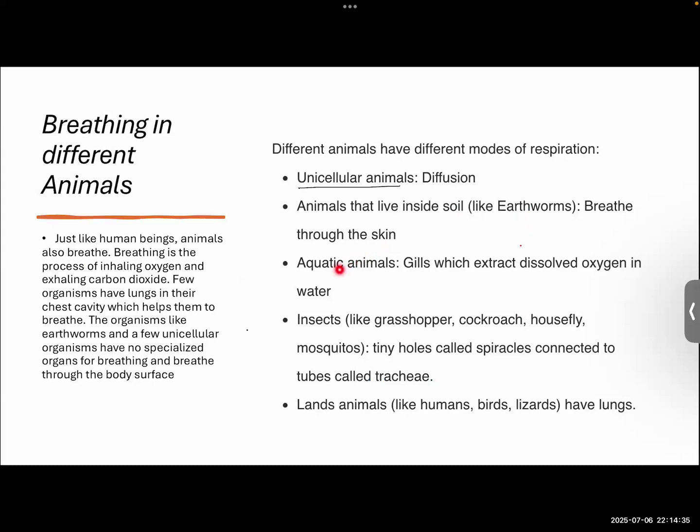Then we have aquatic animals like fishes. With the help of the gills, they will take in oxygen from the water. There are two types. One of the types I know is ram ventilation. It's said that when they tried to keep white sharks in a tank, they could not, because even the largest tanks would not be enough for ram ventilation.